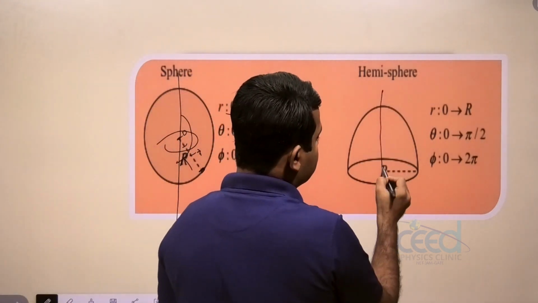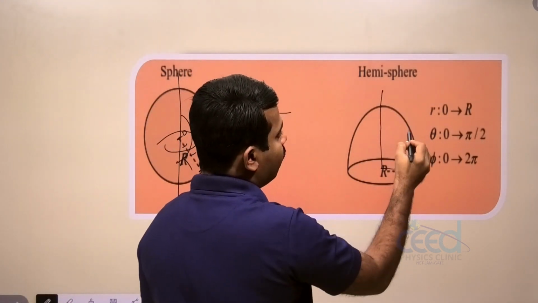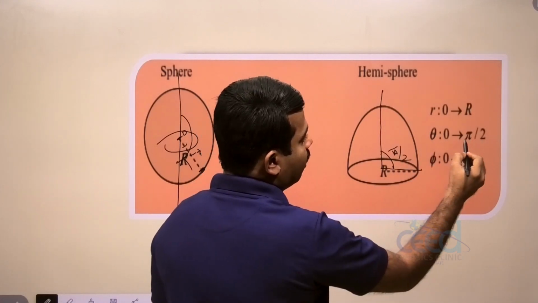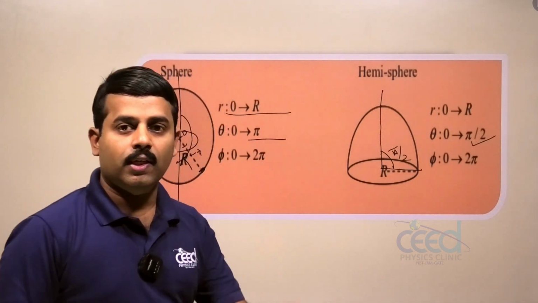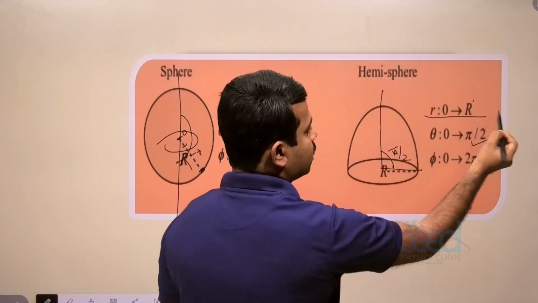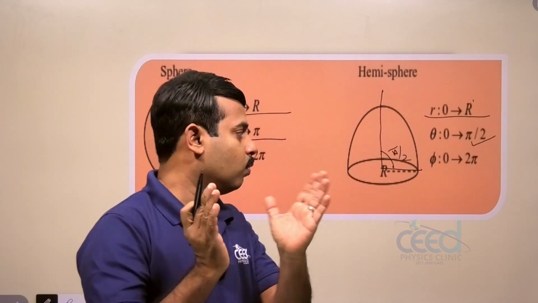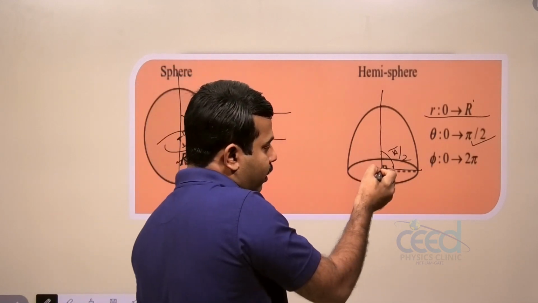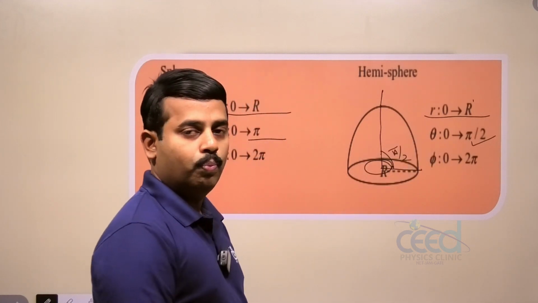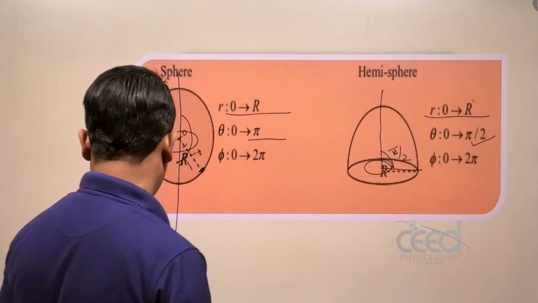Now look at the hemisphere. In the hemisphere, this theta value changes only this much, pi by 2. Then theta varies from 0 to pi by 2. The radius of the hemisphere is r, meaning r varies from 0 to r. Now phi is changing like this, that means 0 to 2 pi. Alright?